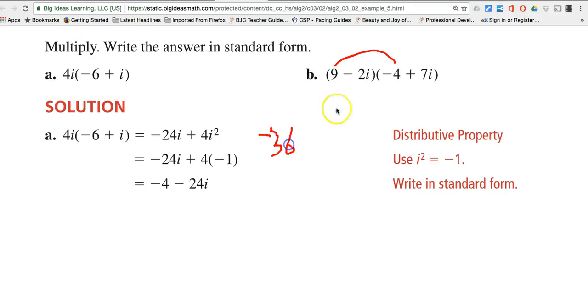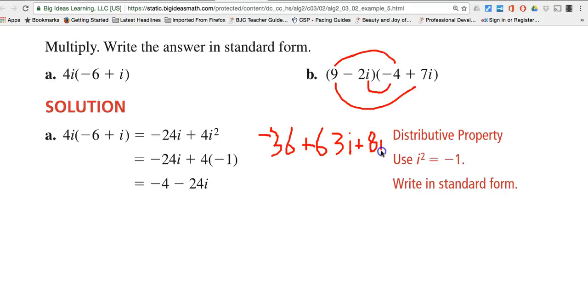And then we get our outside next. So we get 9 times 7i, so we get plus 63i. And then we do the inside, so we get -2i times -4, which gives us plus 8i.